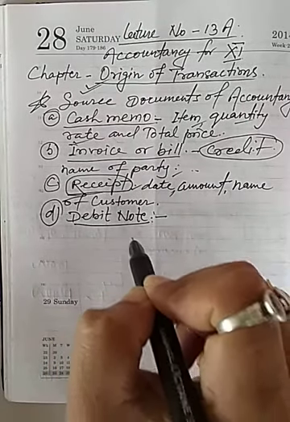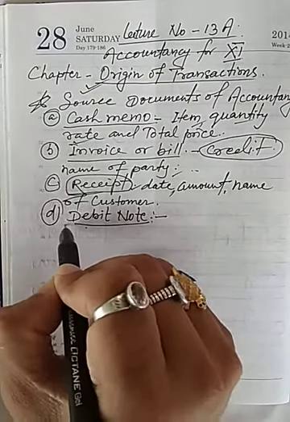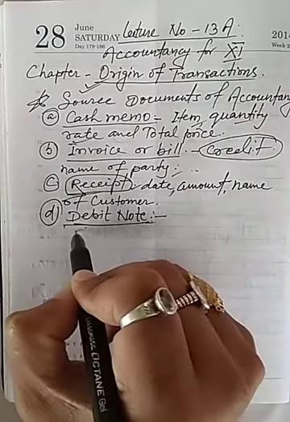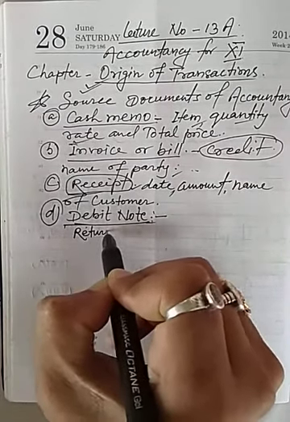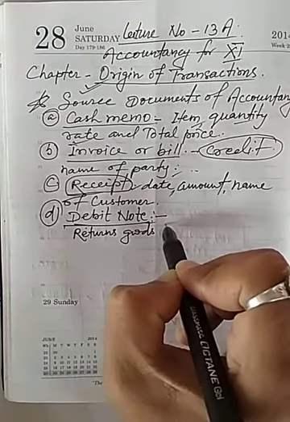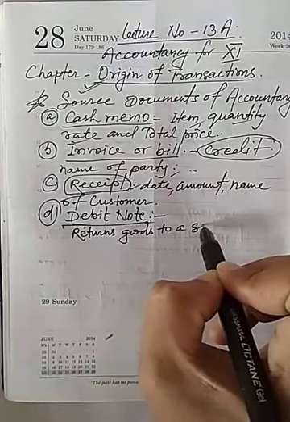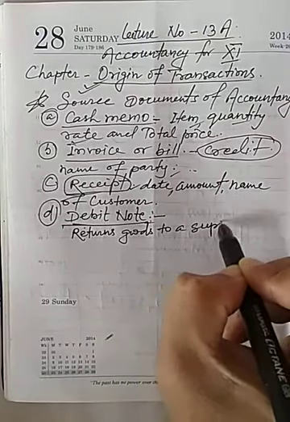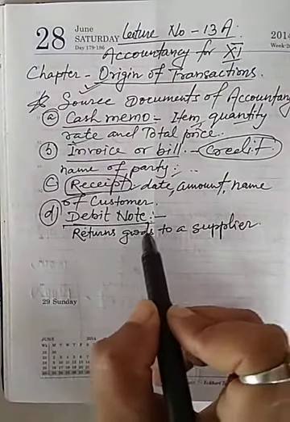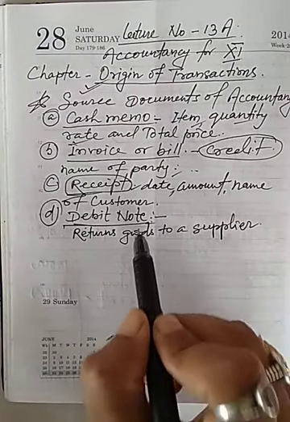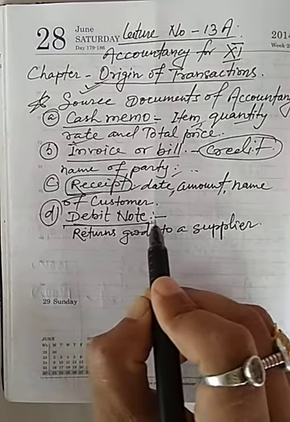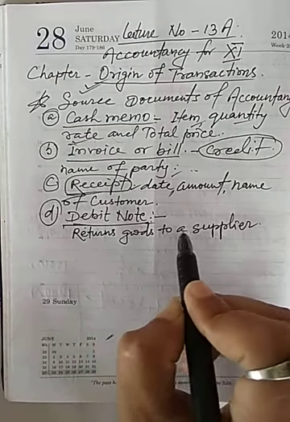When we return goods to a supplier, we prepare a debit note. Debit note is a document which indicates that the supplier's account is being debited.